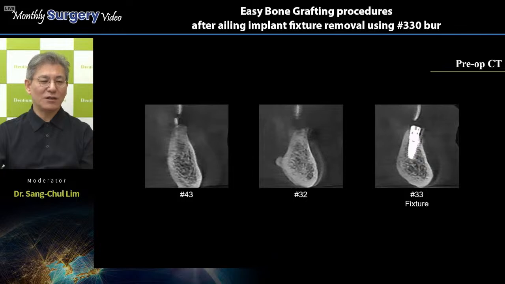In the CT scan cross-sectional view of the 43, 32, 33 areas, the ridge is narrowed and the alveolar bone was already resorbed. On number 33, the failing implant was there and the buccal bone was gone, so I think it is impossible to support the superstructure after a new implant installation.